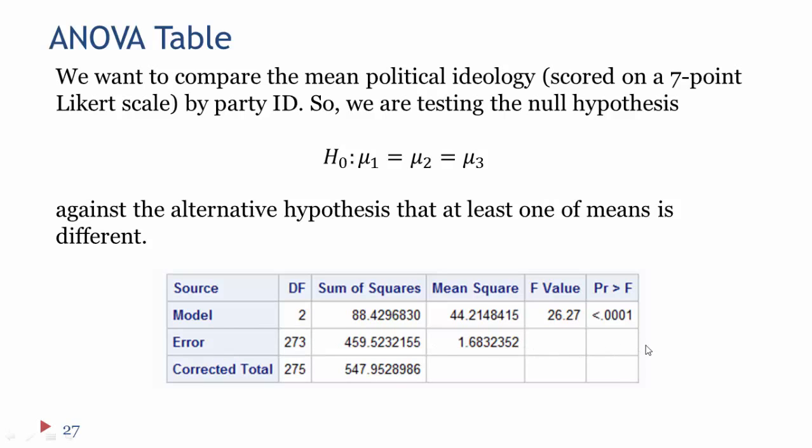And we have discussed this in detail in the previous video, and here we find the F statistic value, which is obtained by dividing the mean square for the model by the mean square for the error. So we got a very large F value, large compared to 1, and the p-value is really small.